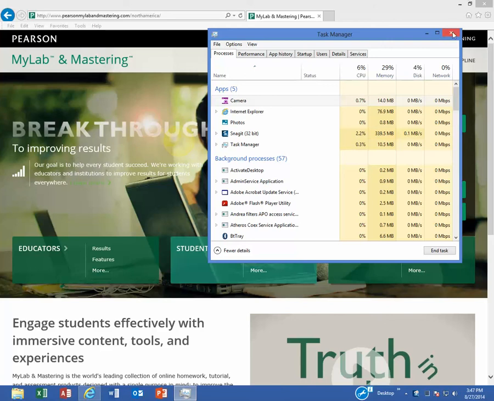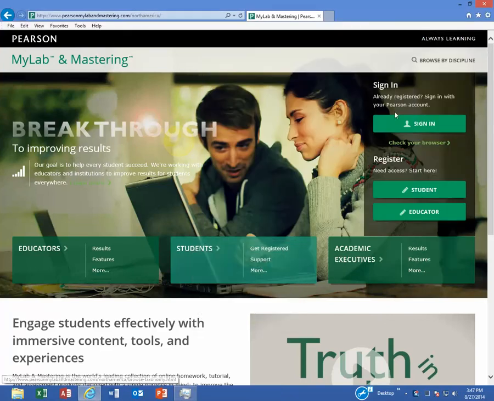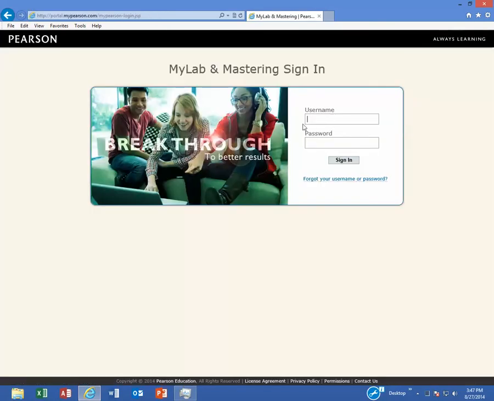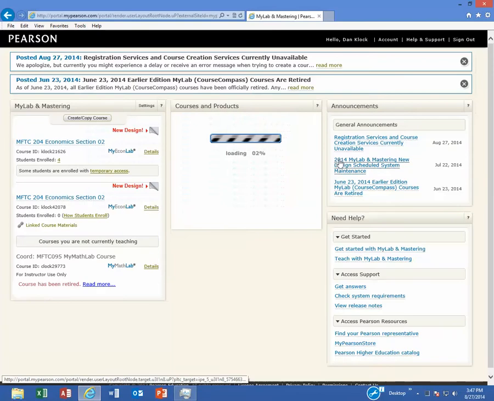So let me sign in to that MyEconLab. So again, Pearson, if you haven't bought it, you gotta register as a student. Still, not many people have bought it, but again, you have to buy this program to pass this course. So I'm gonna sign in as myself.